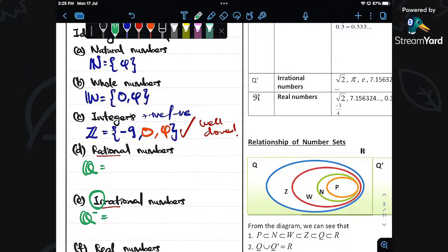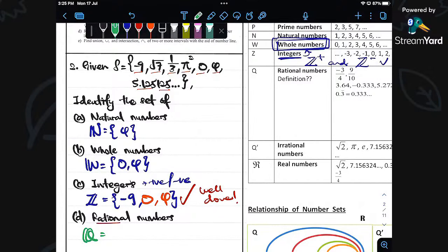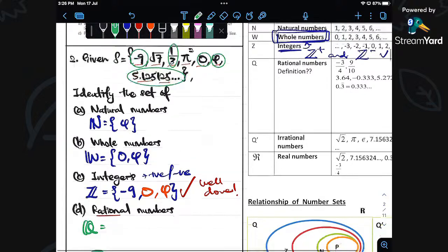Let's learn what is rational. So from this question, rational numbers is actually 1/3, 0, 4, -9, and 5.125125. Okay, let me write down the answer first.